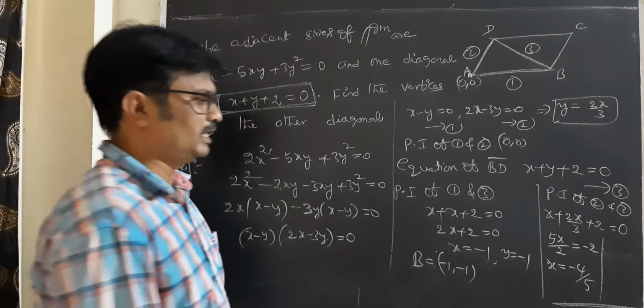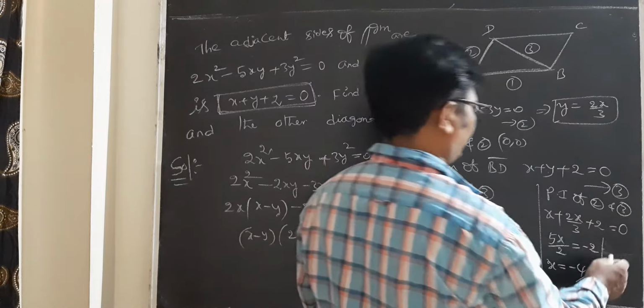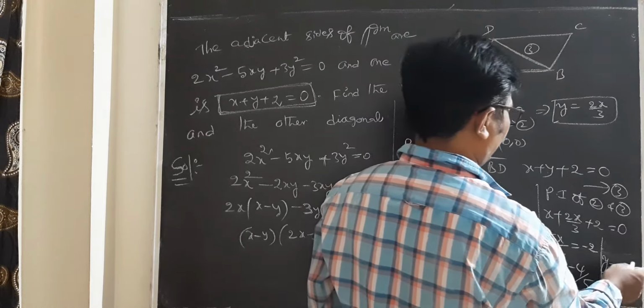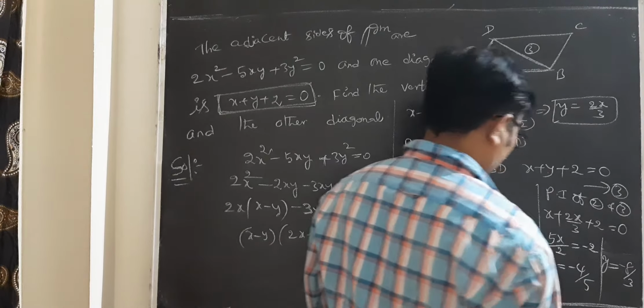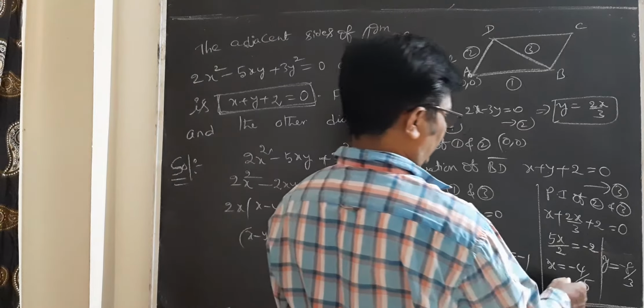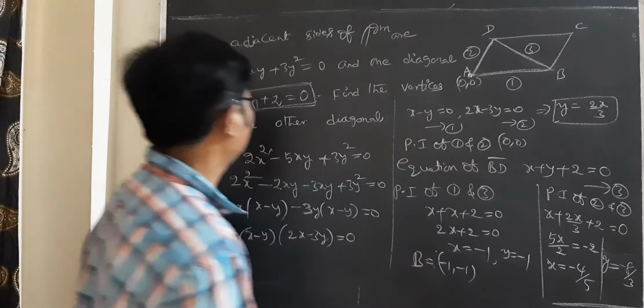Now students, how to write y? The y equal to minus 2 into 4 minus 8 by 3. This is the vertex D. Undoubtedly the vertex D we can write as, what is the vertex D?